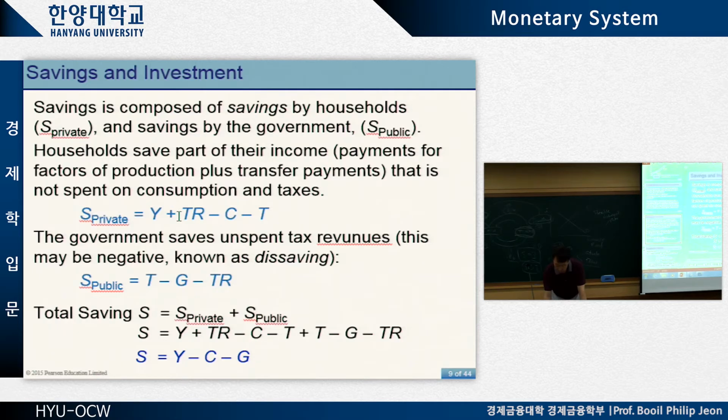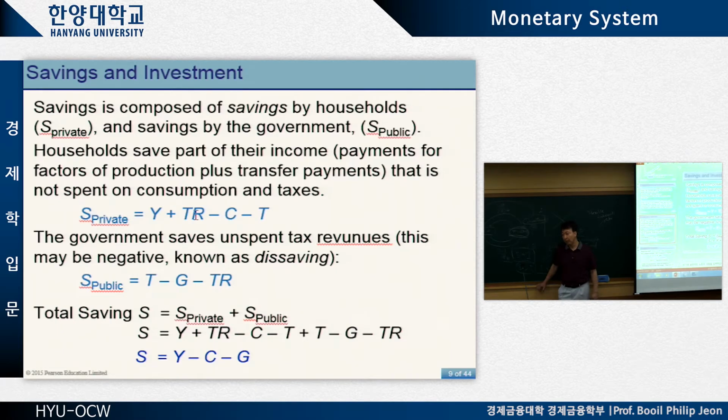And they have two sources of income. One is the regular income, which is the payment for the resources they provided, right? But then they also have transfer payment. Transfer payment is something that they receive from the government without providing any goods or services, right?